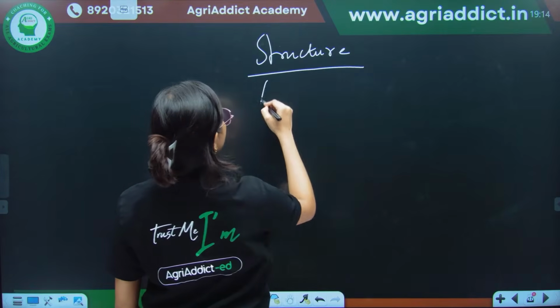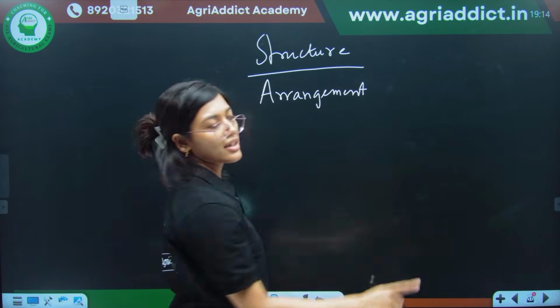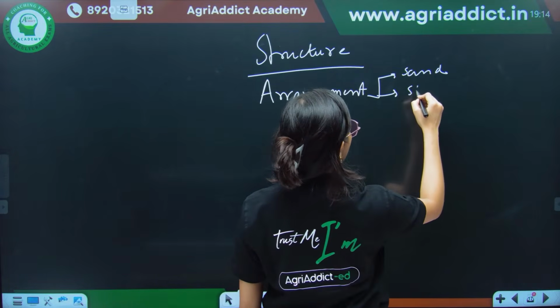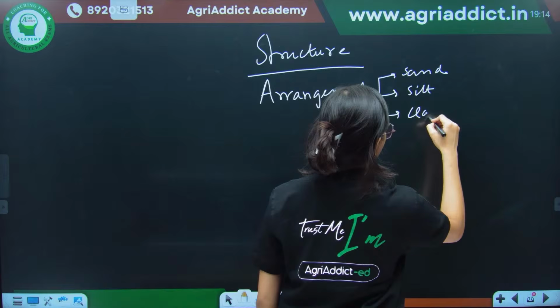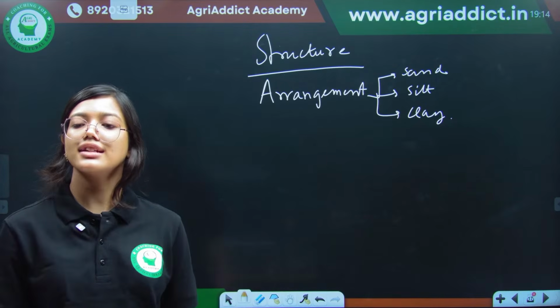It will be the relative arrangement of different particles, and those particles will be your three primary separates, that is sand, silt and clay.